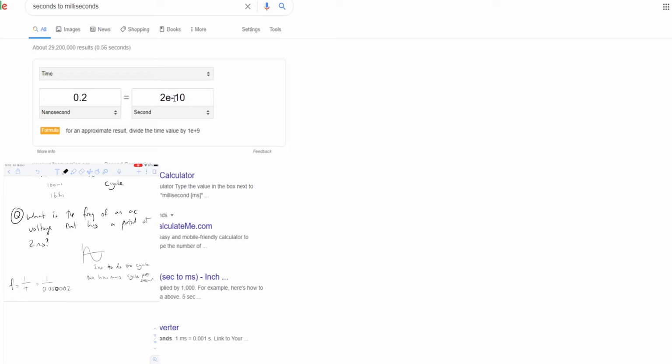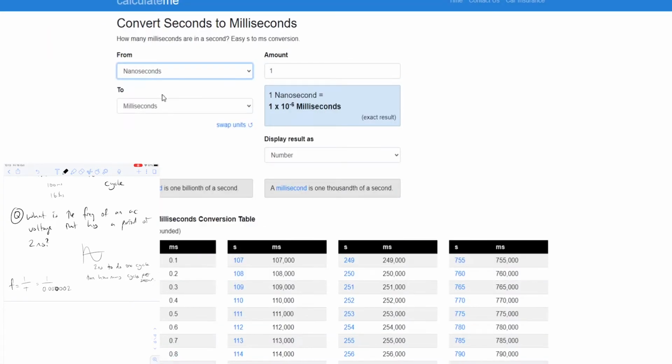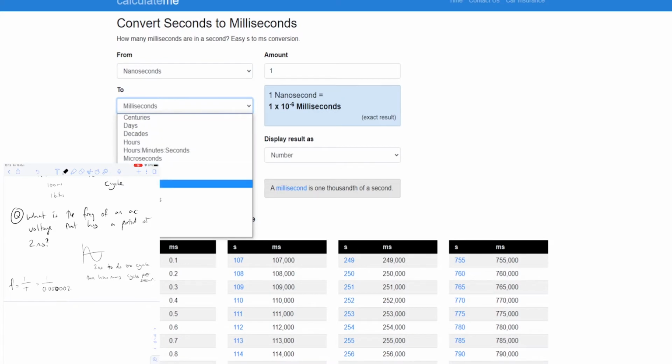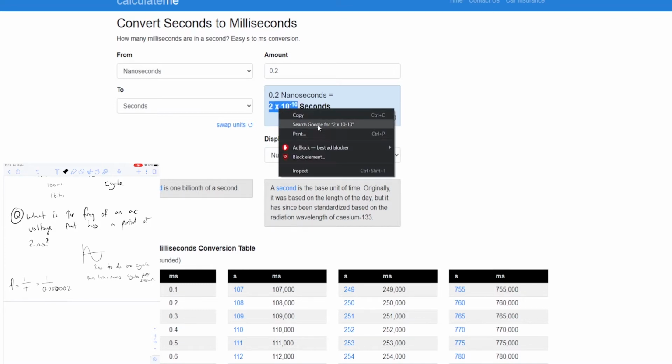I still can't really draw it like that. I don't like the engineering notation. Can't remember how to do that. Just give me it written properly, man. Bloody hell. 2 to the power of minus 10.